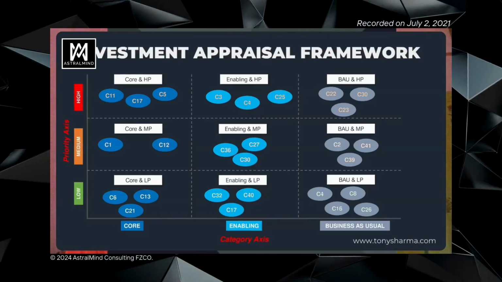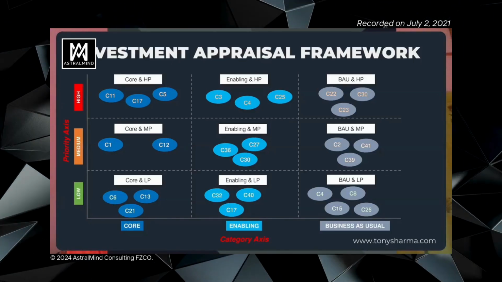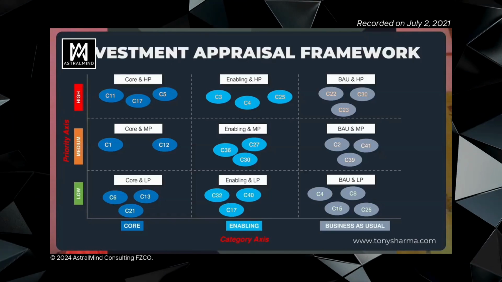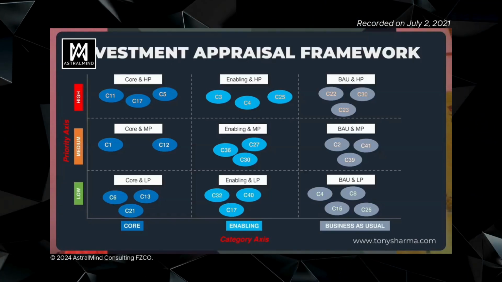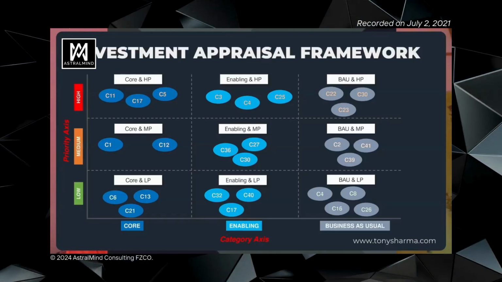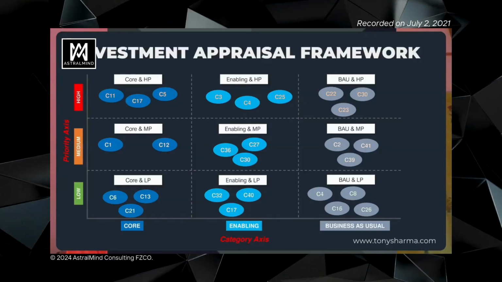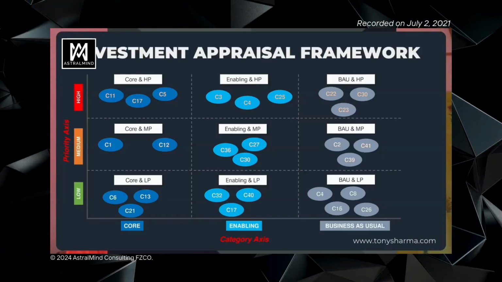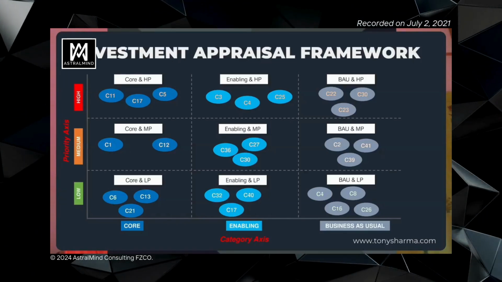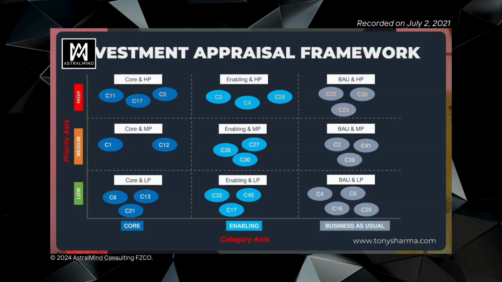Similarly, you have business as usual capabilities. This is a very interesting category, and I'll share a very interesting experience around the same. So managing building maintenance, managing the logistics, managing recruitment, managing human resources, maintaining payroll accounts, maintaining finance and all that. These are not directly enabling the core, but they are not the core as well.